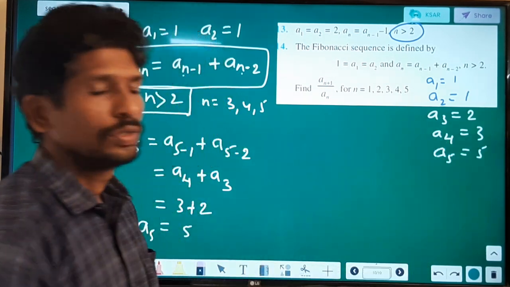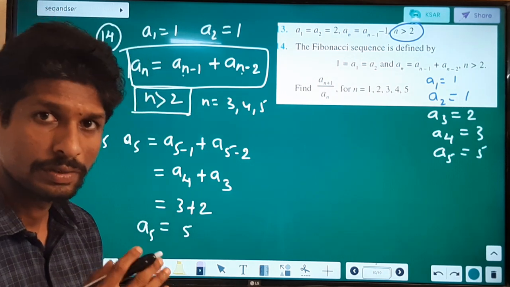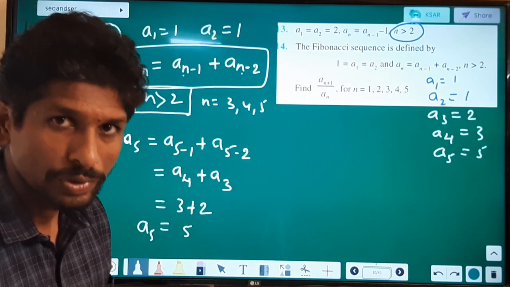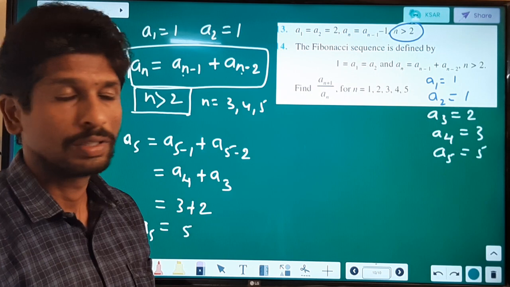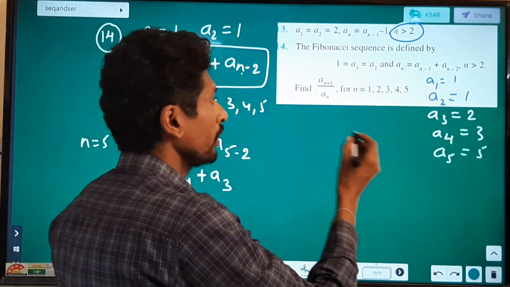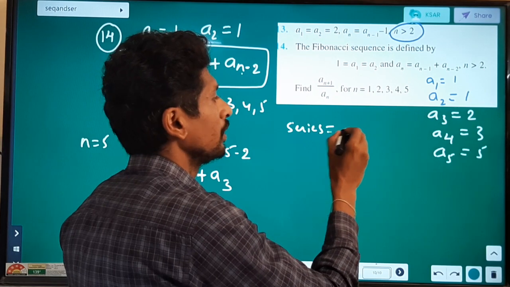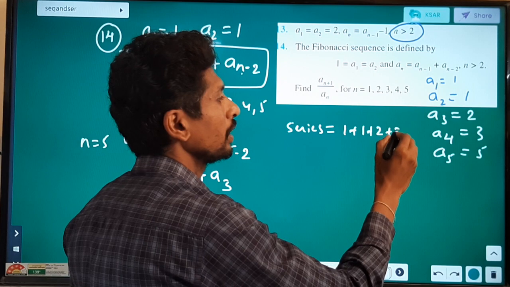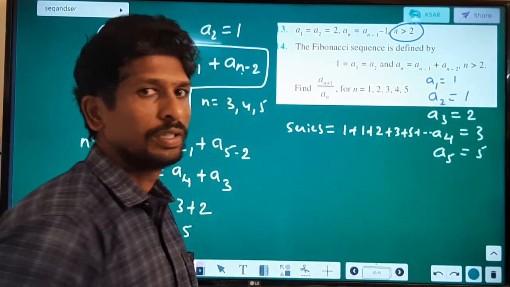Understand the concept? So this way you have to find out the Fibonacci terms now. By Fibonacci terms, that will become a sequence. The terms, the elements, are nothing but a sequence. Now considering that, if you take the same thing as a series, that will become what? 1 plus 1 plus 2 plus 3 plus 5 and so on.